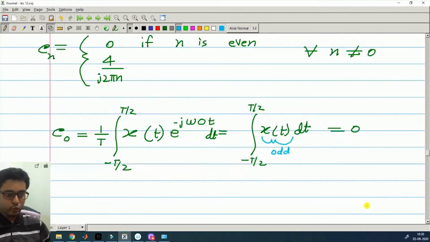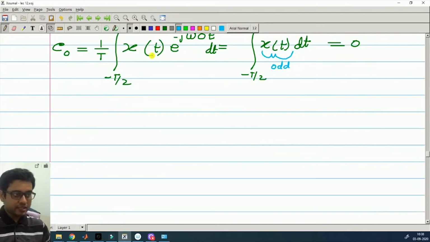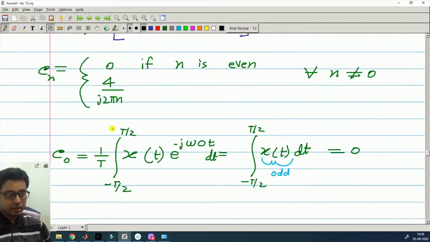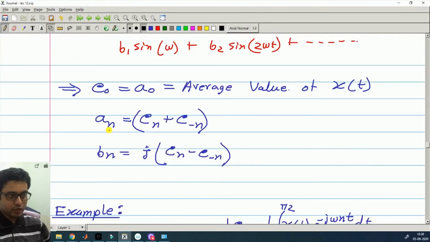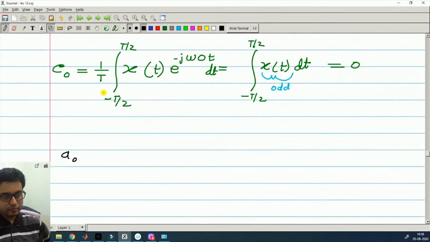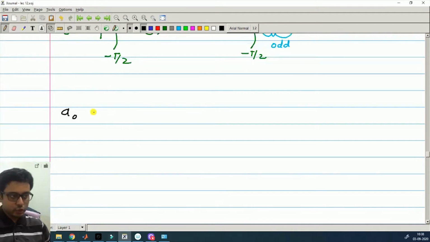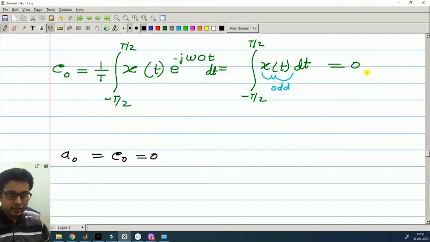Now if we want to find the values of a0, an, bn, etc., let's look at this. a0 is c0, so a0 is c0 and c0 is 0, okay, and then an is cn plus c minus n.